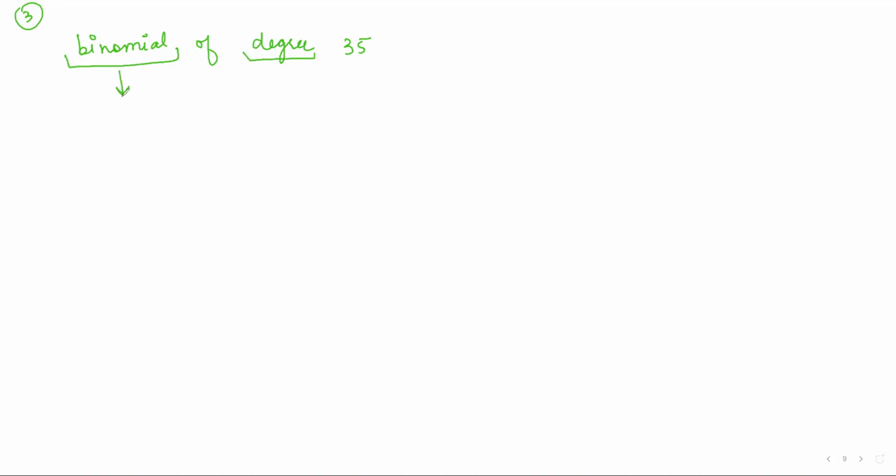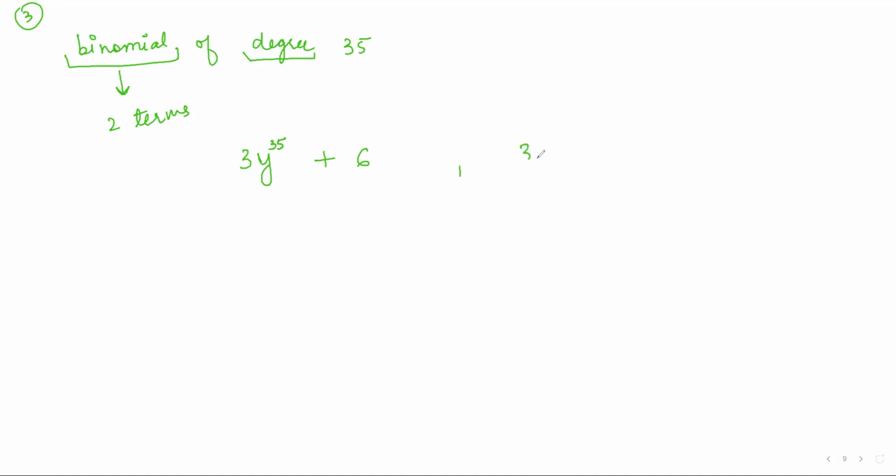Binomial means how many terms? 2 terms. So write any polynomial, let's say 3y plus something, let's say 6. So two terms are there, but the degree has to be 35. So you have to put the degree 35. Is that clear? Yes, ma'am. So this is a binomial because of two terms and it is having a degree 35.